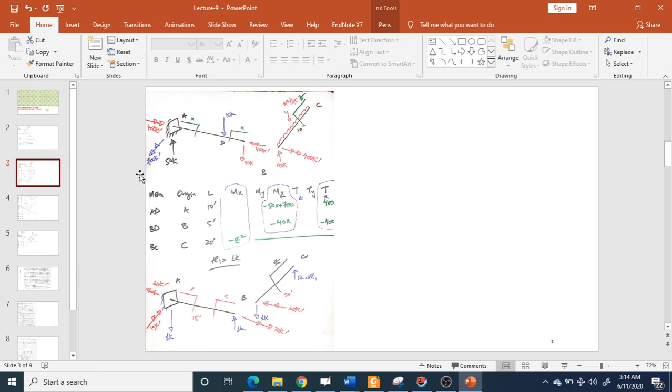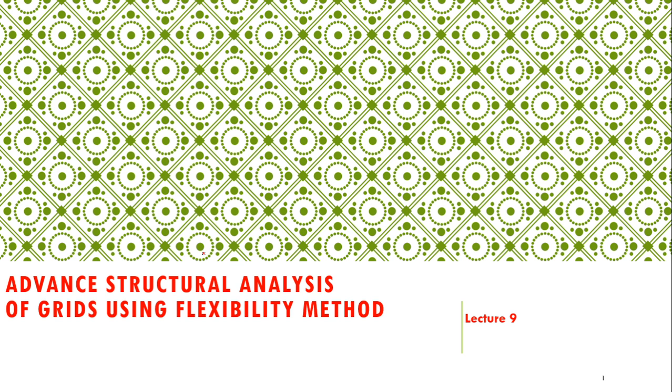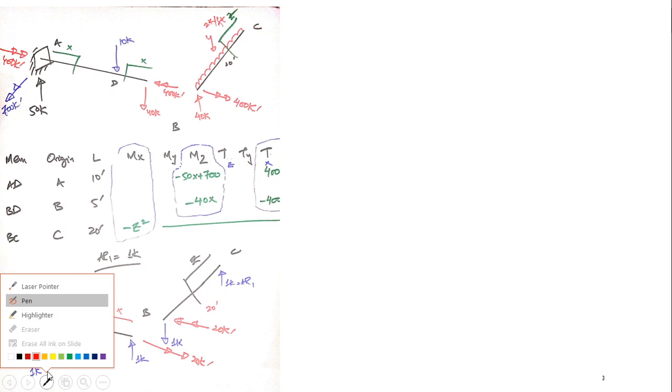So you can see that this moment 700 kip foot is formed as a result of this 10 kip. For example, it is very easy to find this 700 kip foot. Let me find it again for you. For example, here. I suppose that it is anti-clockwise and it is Mz.